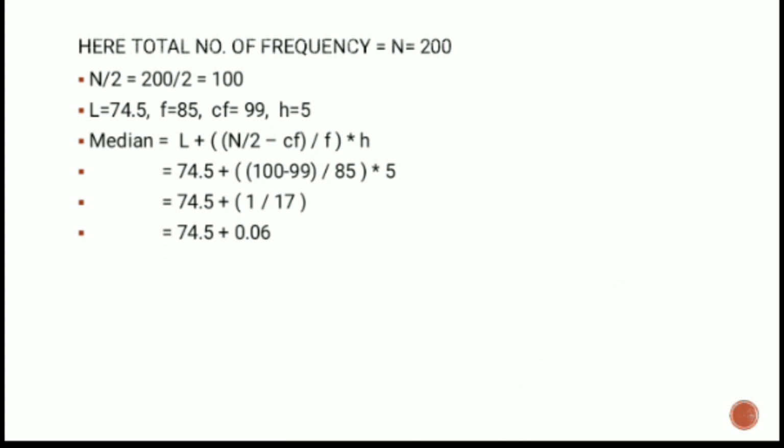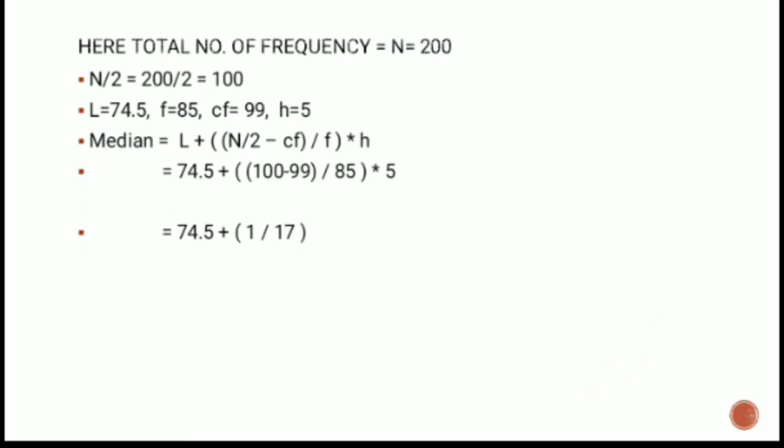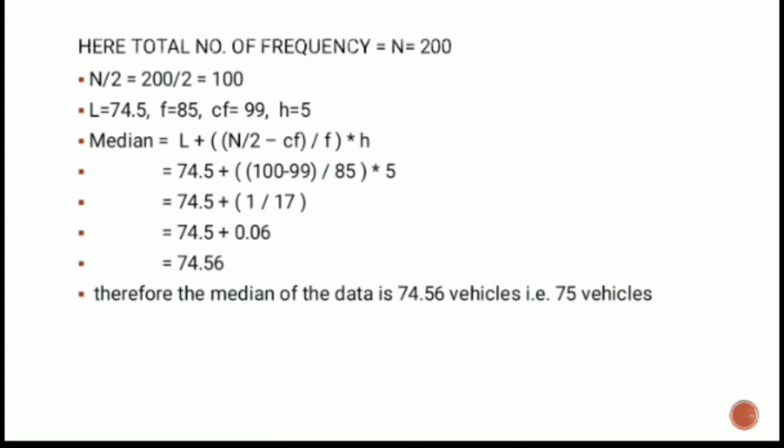Then 1 divided by 17 gives you 0.06. So 74.5 plus 0.06 gives you 74.56. Therefore the median of the data is 74.56 vehicles, that is approximately equal to 75 vehicles.